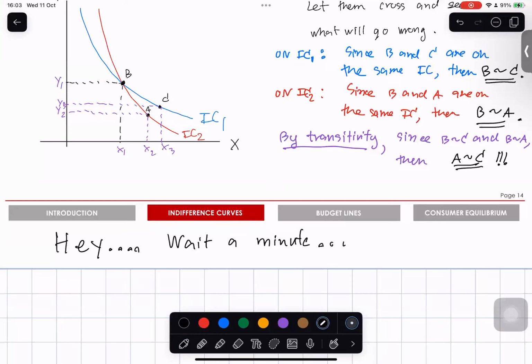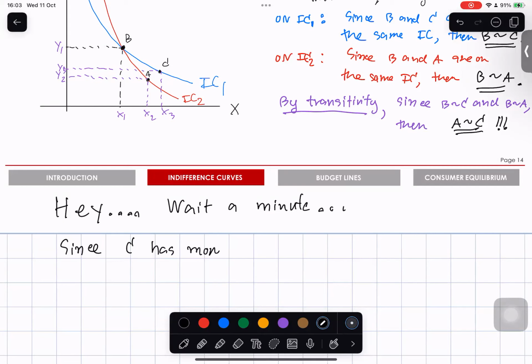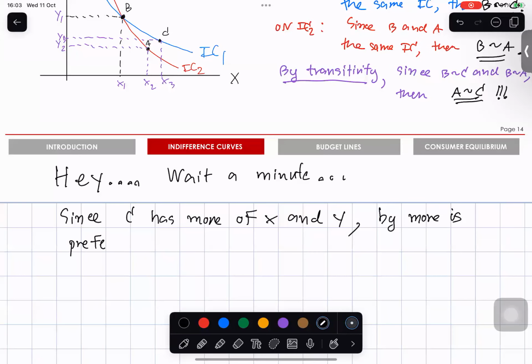Since C has more of X and Y, then more is preferred to less. It must be that basket C, which has more pizza and Pepsi, must be preferred to basket A.